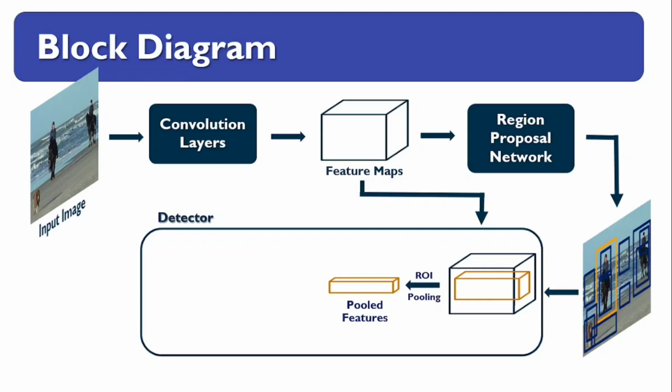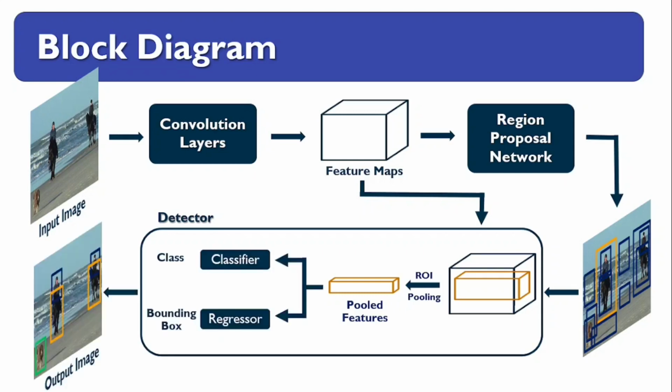These features corresponding to a particular region proposal are then given to the classifier and the regressor. The classifier predicts the class of the object contained inside the region proposal, and the regressor refines the bounding box parameters of that region proposal, which gives us the final result as shown on the left.